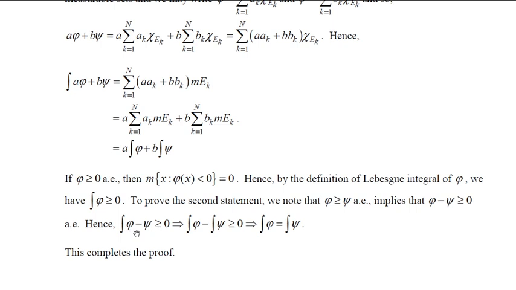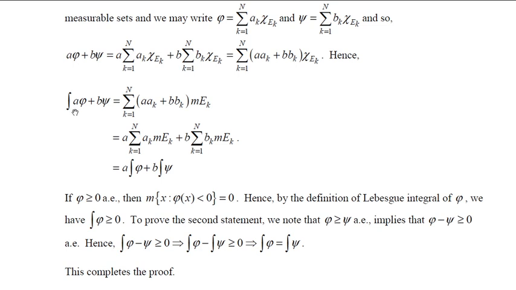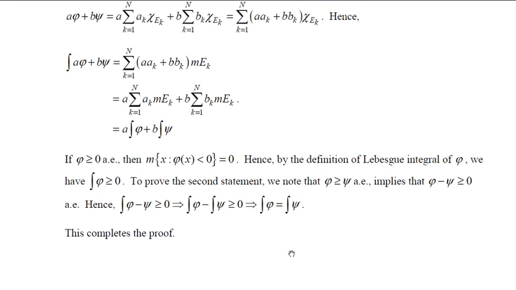But that implies, just by the above property, the integral of a phi plus b psi, taking a as 1 and b as minus 1, we can write like this. So that is nothing but integral phi minus integral psi is greater than or equal to 0. And if you send this to this side, that gives you integral phi is greater than or equal to integral psi. This completes the proof. Thank you.